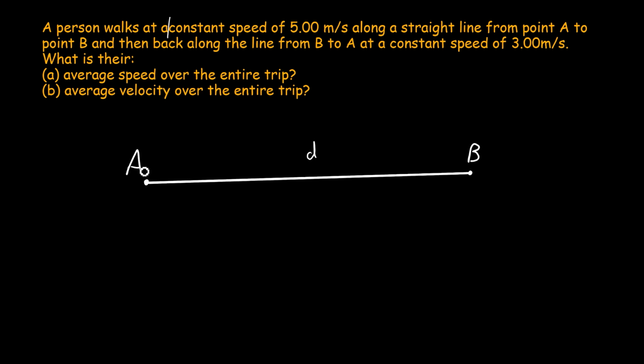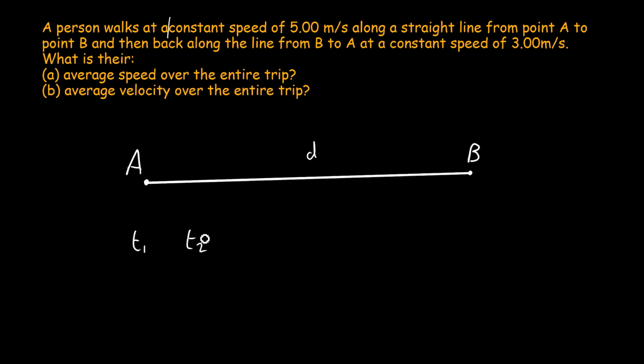So let's say that moving from A to B at 5 meters per second is represented by a t with a subscript of 1. So that's moving from A to B. Moving from B back to A has a time, let's say, of t2.